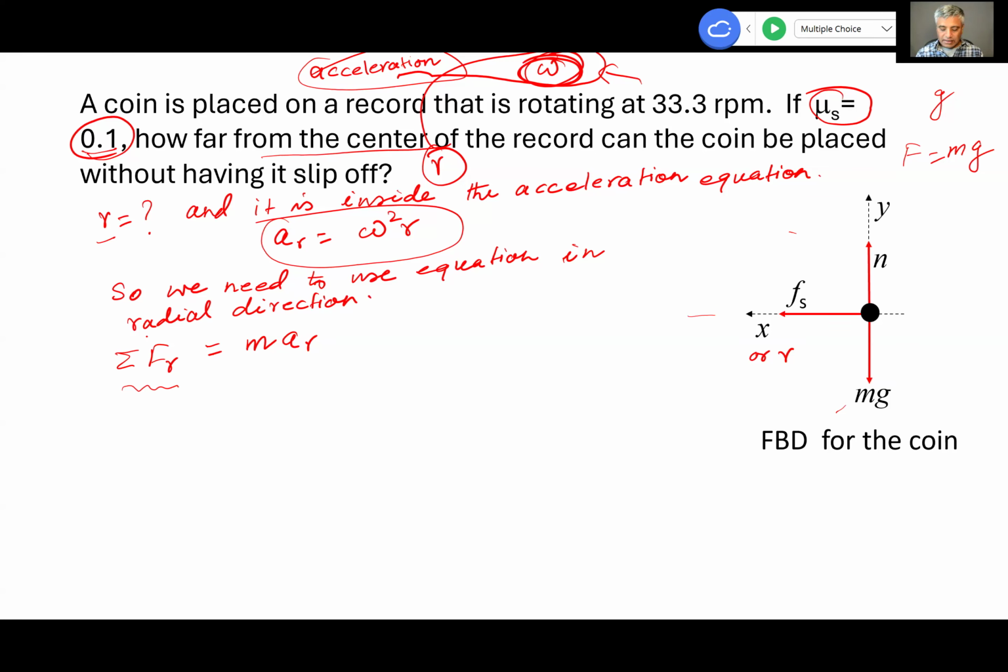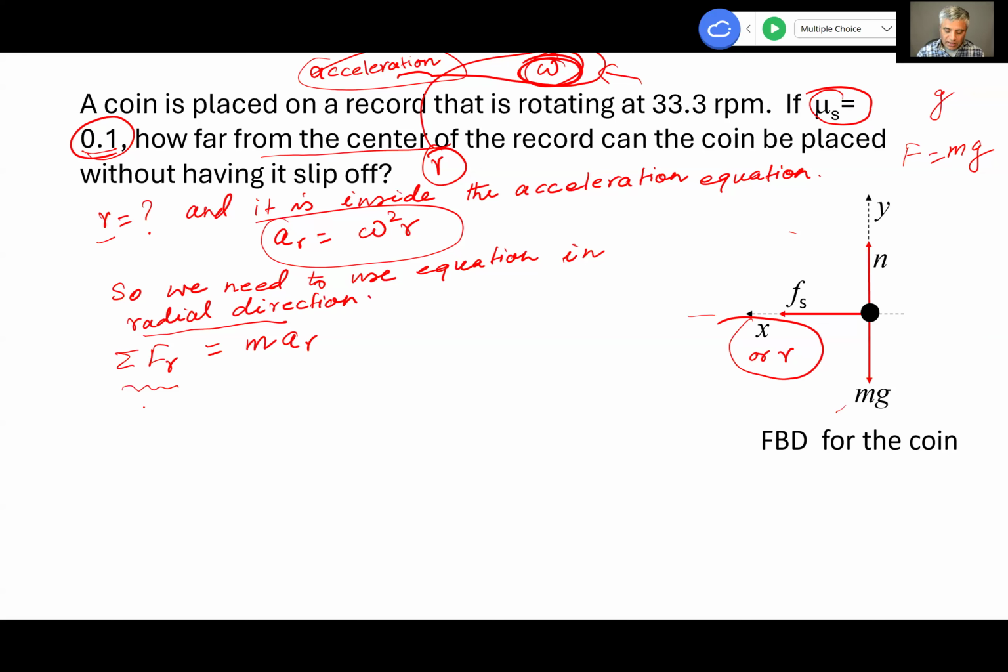It says radial direction. What is radial direction? Same as x. Okay. So there is only one force acting in that direction. The N and mg are acting in the vertical direction here, not in the radial direction. Okay. So that's that.